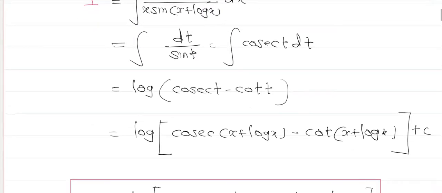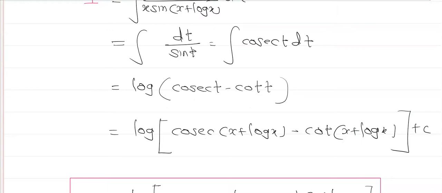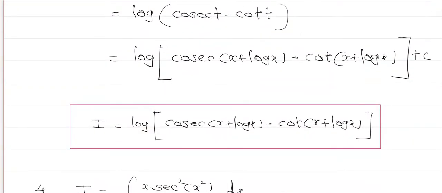The value of t was x plus log of x, and therefore I replace it here: log of cosec (x plus log x) minus cot (x plus log x) plus c, and therefore this is the final answer. That is I is equal to log of cosec (x plus log x) minus cot (x plus log x) bracket complete, plus c is also there.